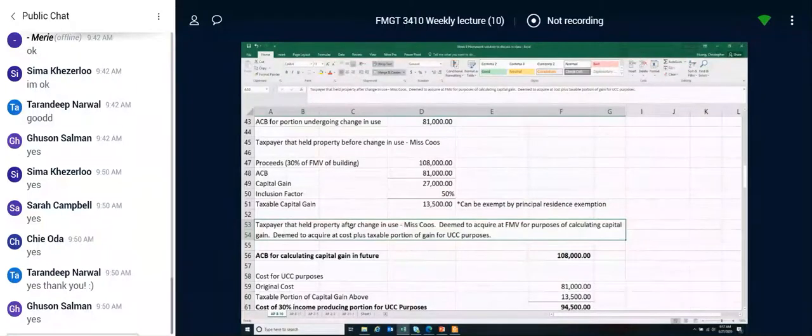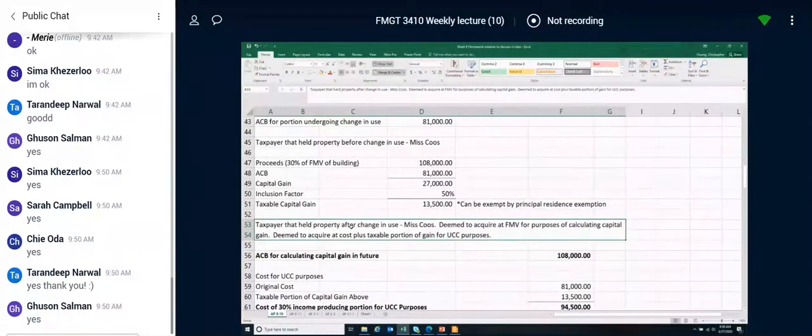But for UCC, remember what I said before, when it comes to UCC, you do not get the full fair market value, that full gain does not go into UCC because it's unfair. The capital gain would only be taxed at 50%. CCA, whatever you put into CCA, you can deduct at 100%.